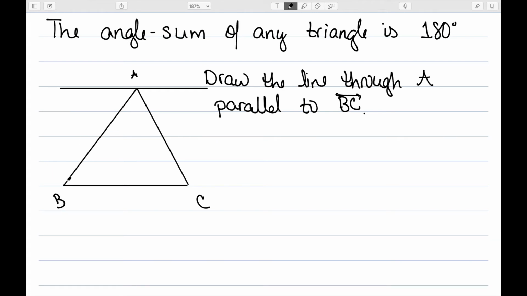Then, by the fact that this angle here and this one here are now alternate interior angles with these two lines parallel, we know they must be congruent. So this is the same as angle B. This angle here, angle C, needs to be equivalent to this one by, once again, the fact that this is a transversal of two parallel lines. So alternate interior angles need to be congruent. And then that gives us that the angle sum, since this is B, C, and A, would need to be 180 degrees.